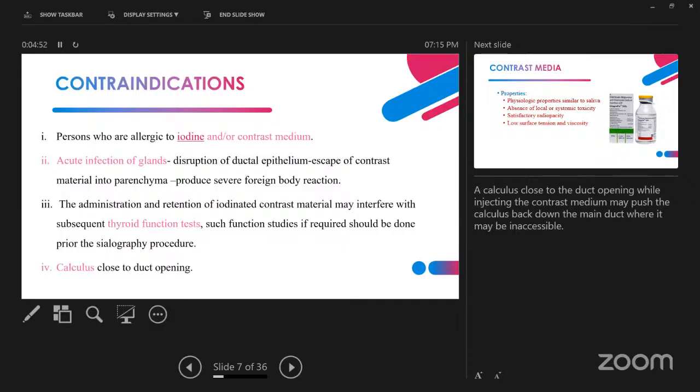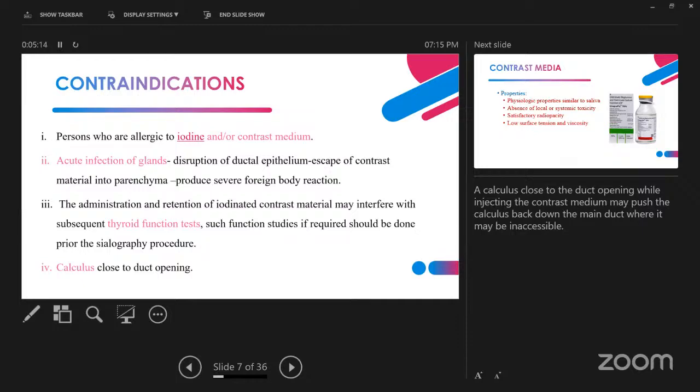Coming to contraindications, in certain cases xylography is contraindicated. For example, if a person is allergic to iodine or contrast medium, we cannot do xylography. In case of acute infection of the gland, there is escape of the contrast medium to the acinar cells, which will lead to severe foreign body reaction.